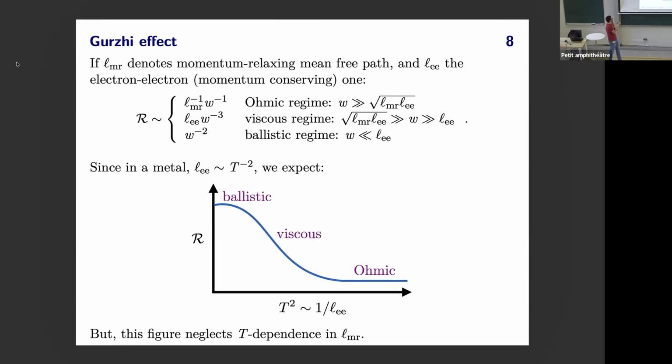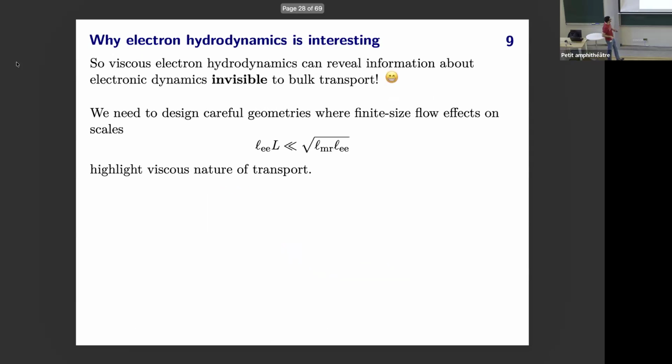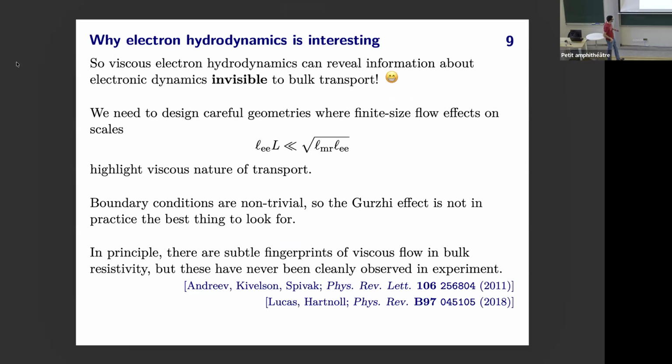For example, if you have mostly specular collisions with the walls, then this picture goes wrong, and viscous transport is also only limited by ohmic. So the curve loses all of its interesting shape depending on boundary conditions. So there are other geometries that seem to do a better job, and this is what we will focus on.